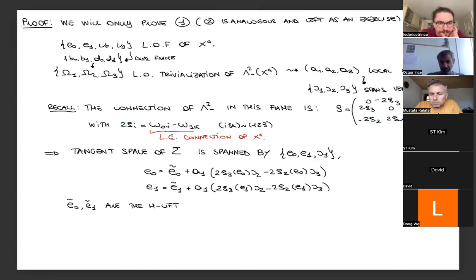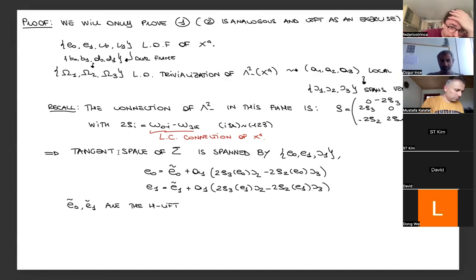So the tangent space of sigma is spanned by the three vectors E0, E1, which is the span of L2 inside of X4, and D1, which is of course the direction given by omega-1.